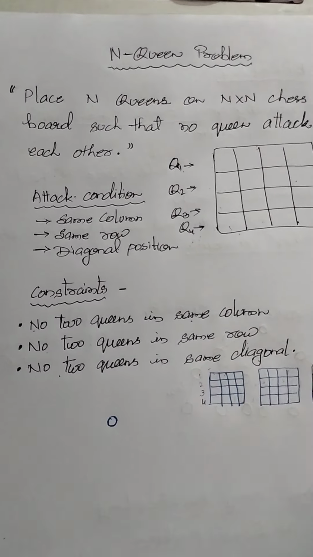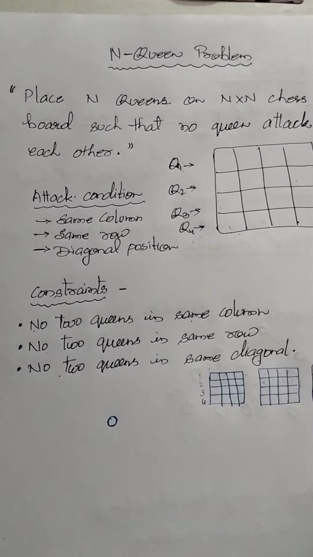If we do, q1 and q2 are both in the same column, so our first constraint is not satisfied. That means this cannot be placed, so we kill that node.